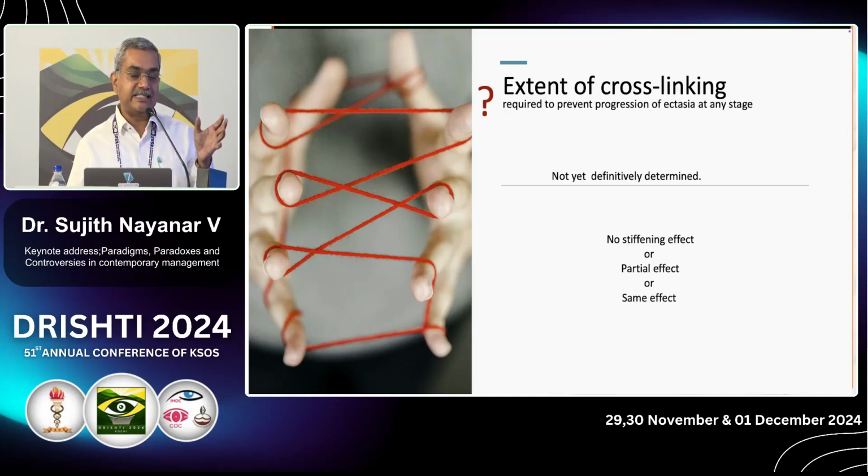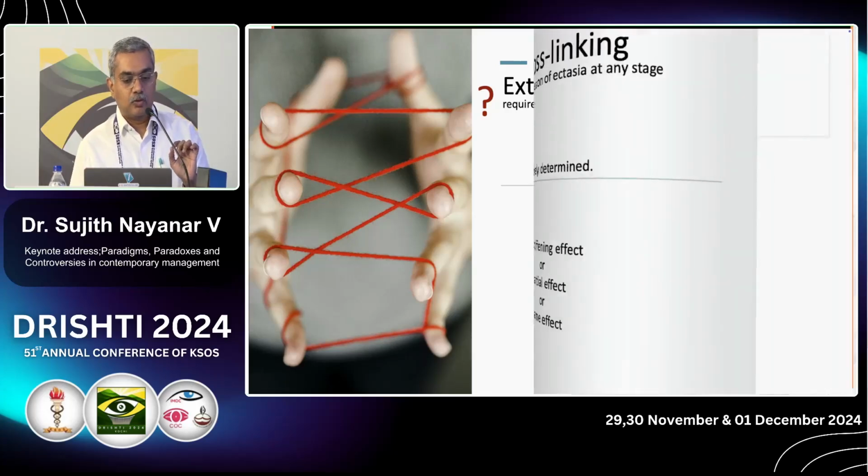So when you do various accelerated and other newer modalities of C3R, you don't know whether you are achieving the same extent of cross-linking that is actually needed. Whether it is an all or none thing, or it is a partial effect that's happening, it has not been studied in vivo.